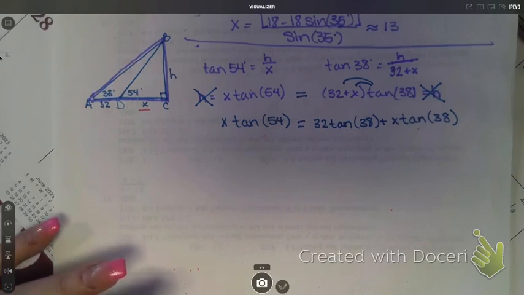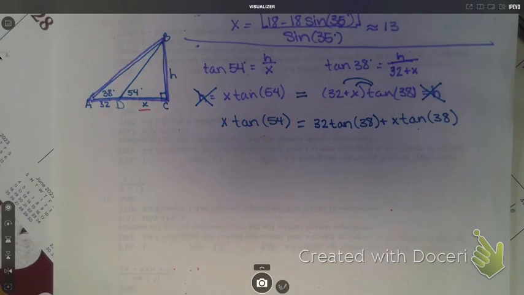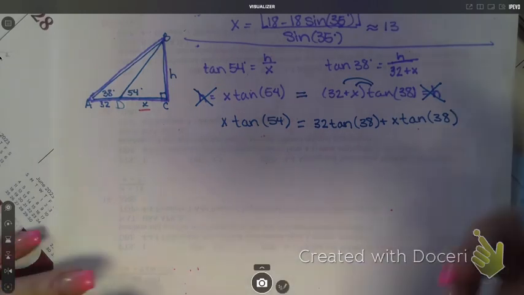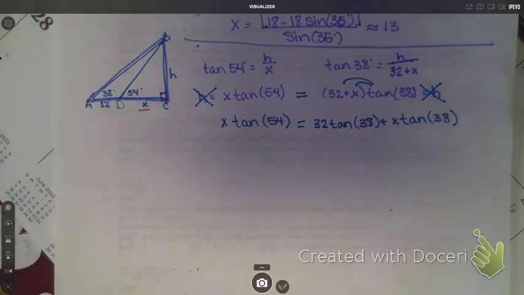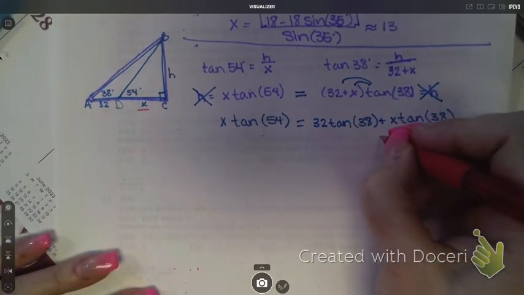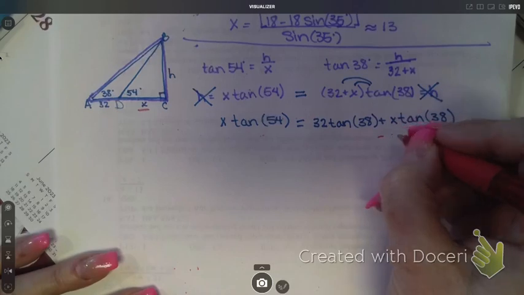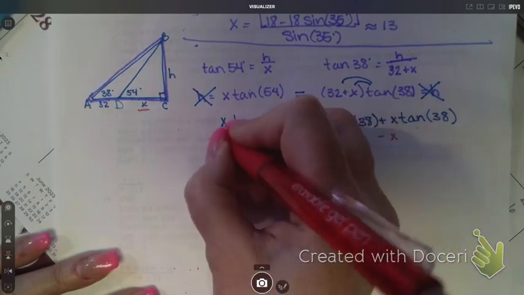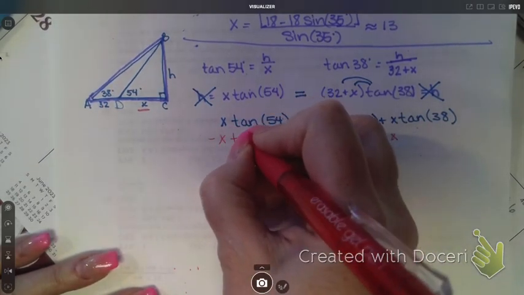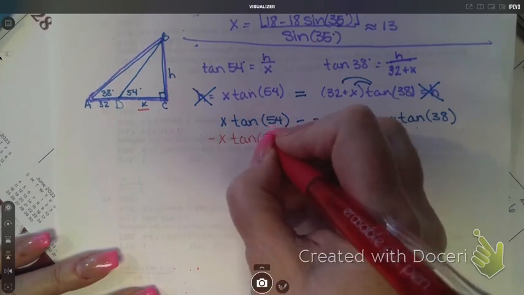First I got to get all the x's where? On one side, right? So I'm going to subtract this. So x tangent of 38.